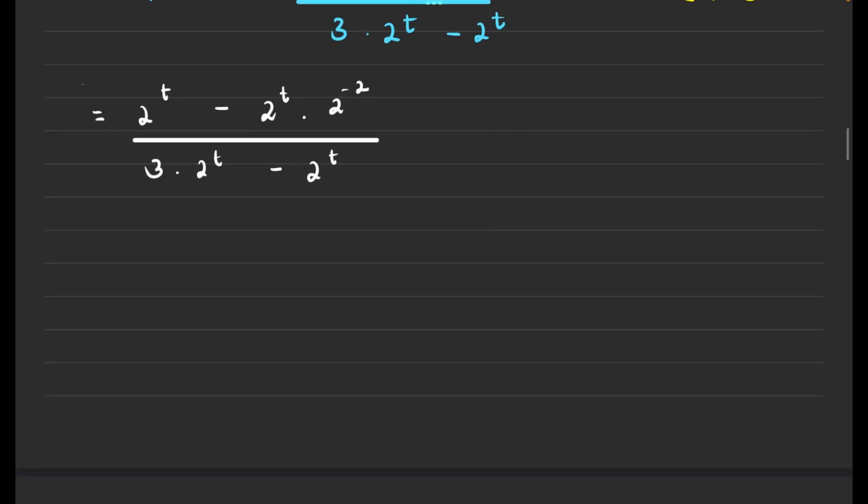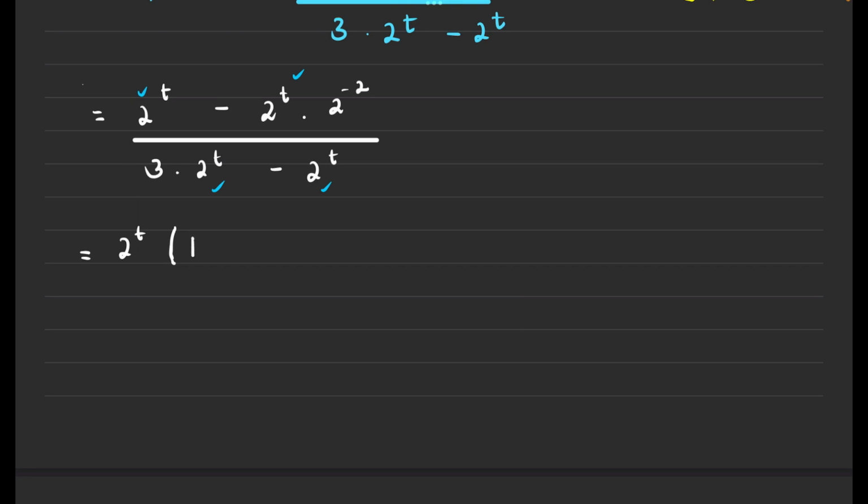Okay, the next thing I'm going to do now, guys, is that I'm going to factor out 2 to the t, because it is present everywhere. As you can see here, here, here, and here. So I'm going to factor it out, firstly in the numerator. What do I need to multiply 2 to the t with in order for me to get 2 to the t? I need to multiply it by 1.